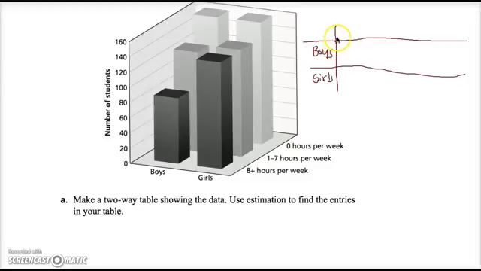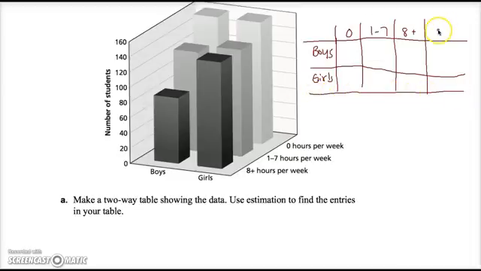And then we'll put the hours worked up here. So we had 0 hours per week. We had 1 to 7 hours per week. We had 8 plus hours per week. Okay. We need a column for the total and a row for the total of each one. Okay, and then we just start filling in numbers.